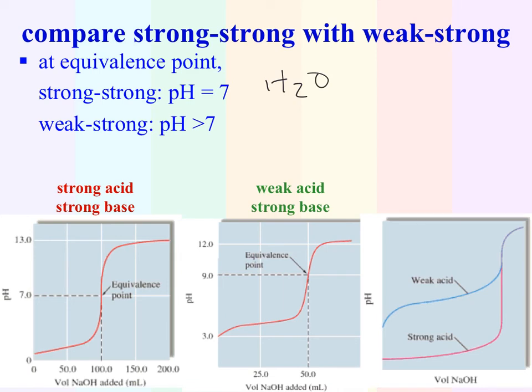Now, for the weak-strong situation, we know that pH is going to be greater than 7, and that's because we're going to have the presence of the conjugate base. That conjugate base of a weak acid behaves as a base in solution and subsequently produces hydroxide ions. So at the equivalence point, you still have the H plus and OH minus being equal, but the presence of this conjugate base causes an increase in that overall pH value.